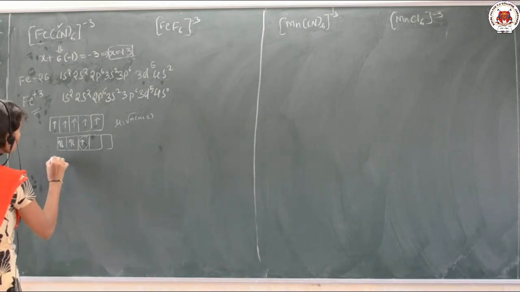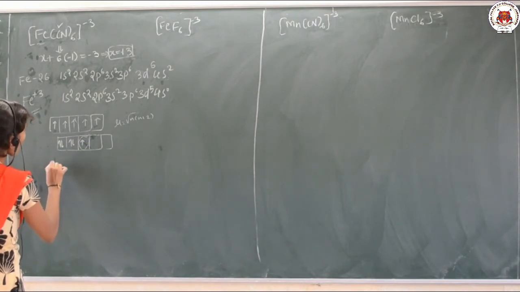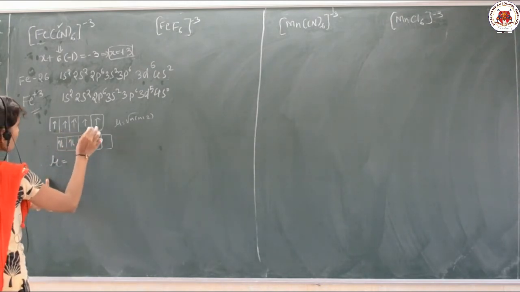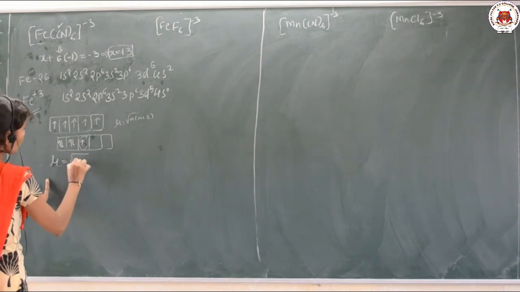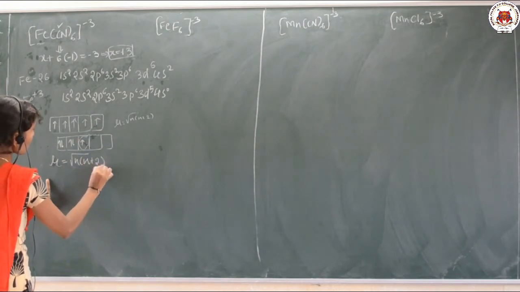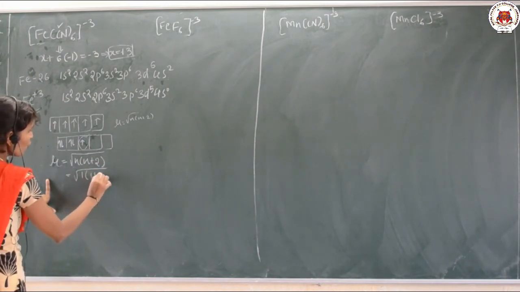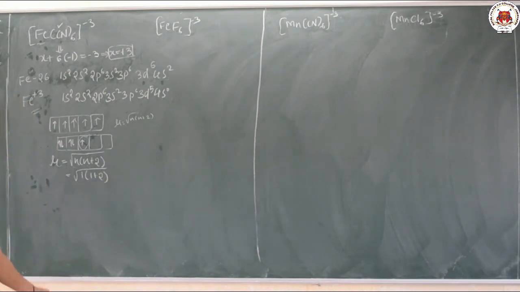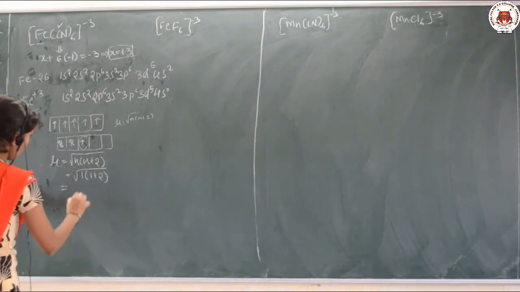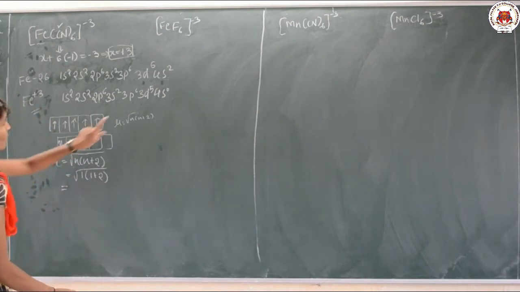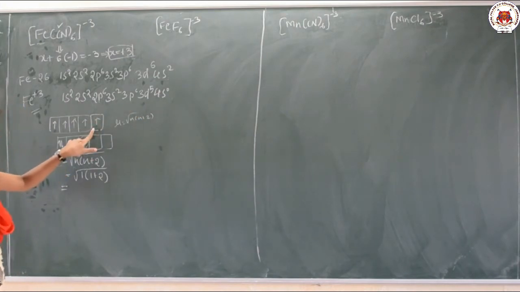So here now mu is equal to square root of n into n plus 2. So, square root of 1 into 1 plus 2. 3d5 is there, d5, and then here pairing takes place, 1, 2, 2, 4, 5, and then one unpaired electron remains.